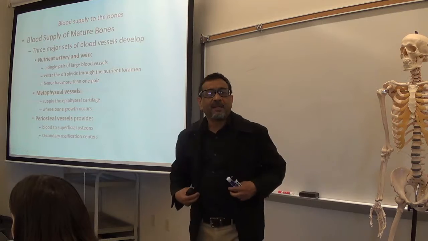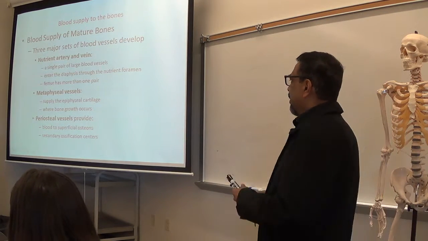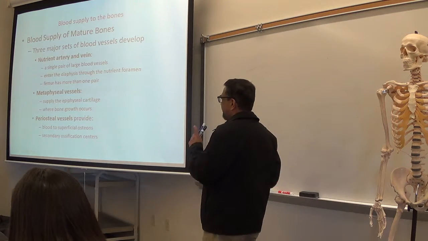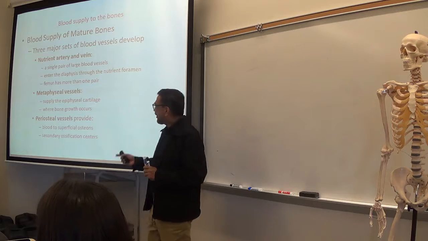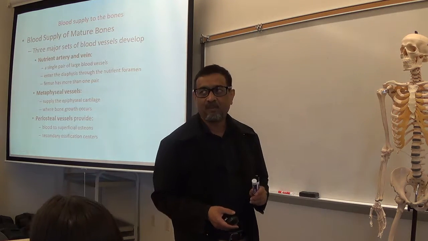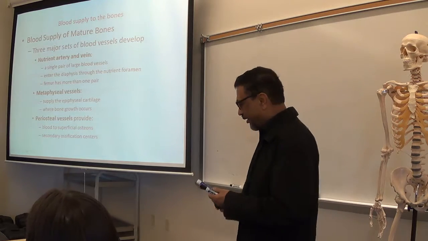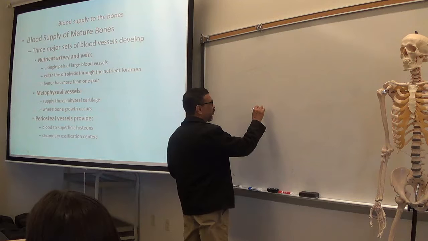Blood supply of a long bone. A long bone has three sets of blood vessels: nutrient blood vessels, metaphyseal blood vessels, and periosteal blood vessels. Okay? Those are three sets of blood vessels in a long bone.